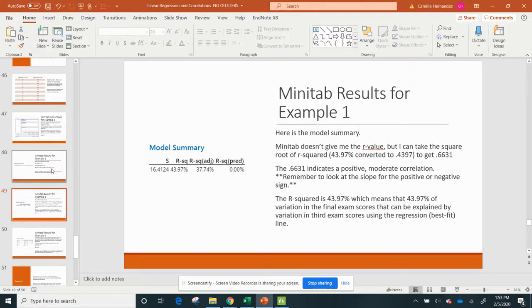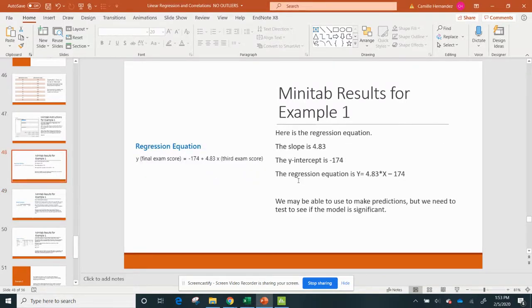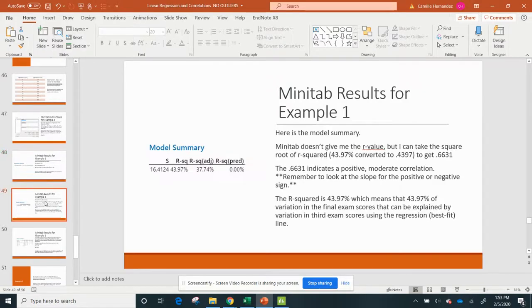If I go back to my regression line, here you see my slope is a positive 4.83. So remember, your R value and your slope have to be the same sign.